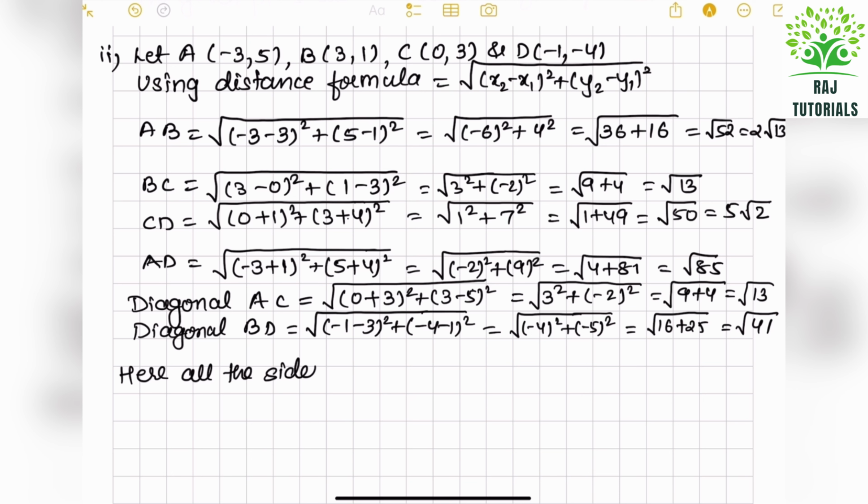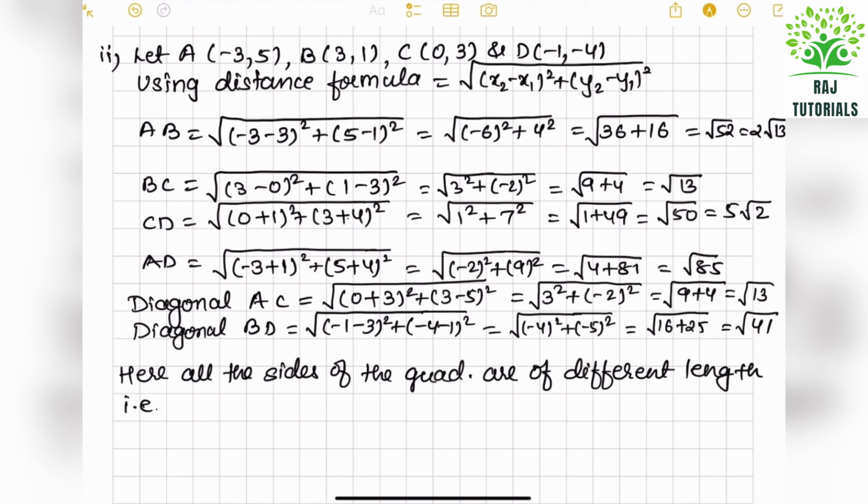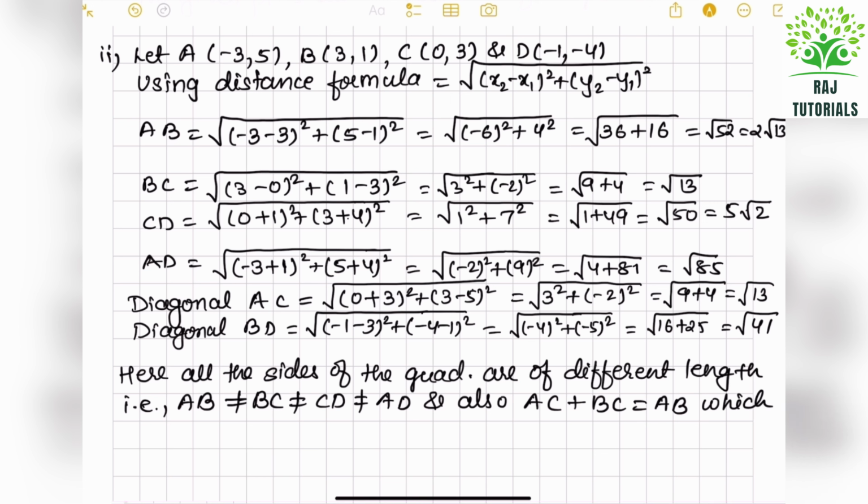Here all the sides of the quadrilateral are of different length, i.e. AB not equal to BC not equal to CD not equal to AD, and also AC plus BC equal to AB, which means A, B and C are collinear.